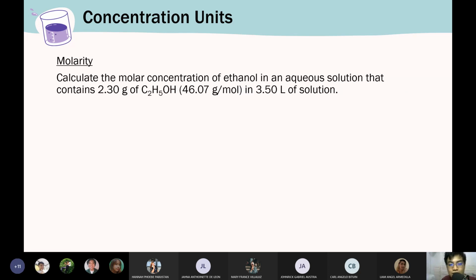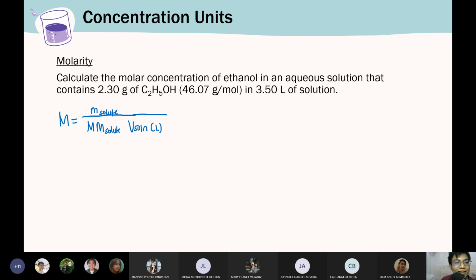Let's try one problem here. Okay? Let me rewrite the equation. Molarity equals mass solute over molar mass solute times volume of the solution in liters. Basahin ang problem. Nakakatamad magbasa.